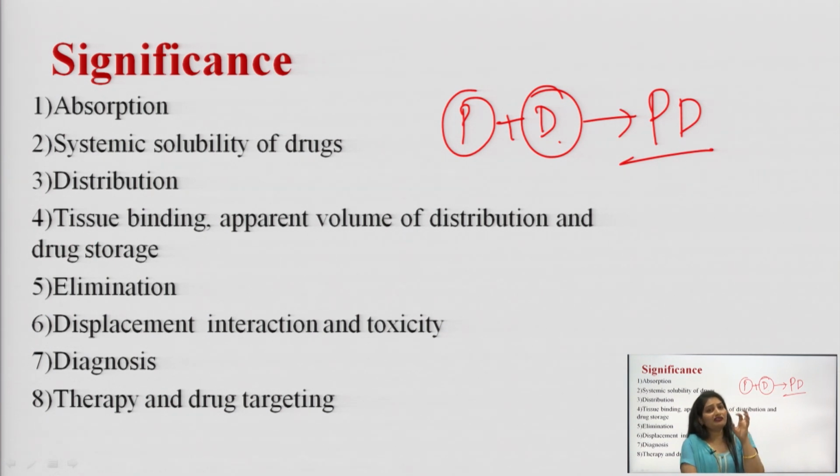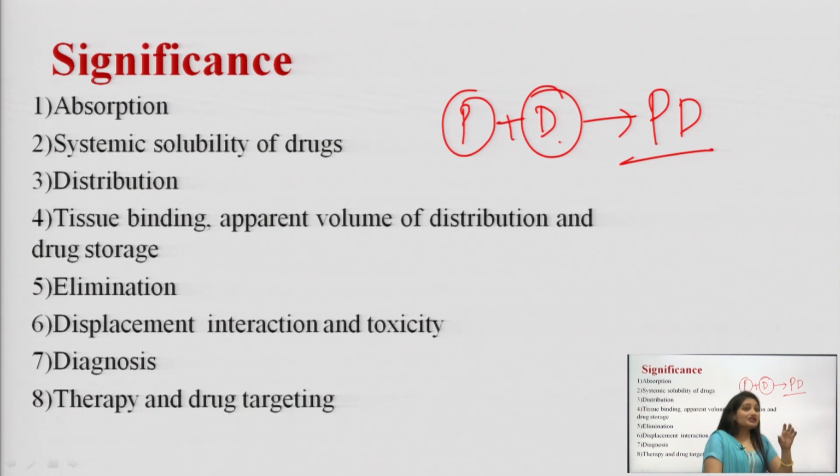Okay. Only free drug or unbound drug can pass through the membrane and contribute to the tissue binding. So, higher the protein binding, lower it will contribute to the tissue binding. Higher the protein binding, lower the tissue distribution.